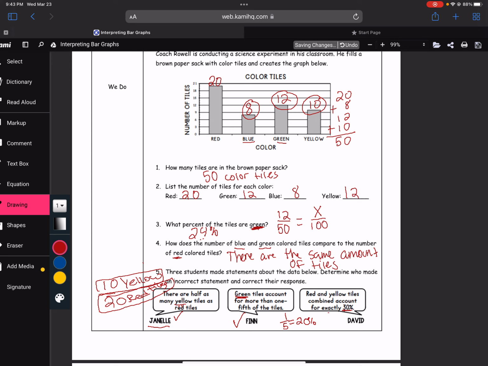The next statement: red and yellow tiles combined account for exactly 30%. So we're looking for nothing less and nothing more than 30%. So let's start with red and yellow. We have 20 red and 10 yellow. So that puts us at 30 tiles over the whole equals, we're looking for a percentage, so we put the x on top and the 100 on the bottom.